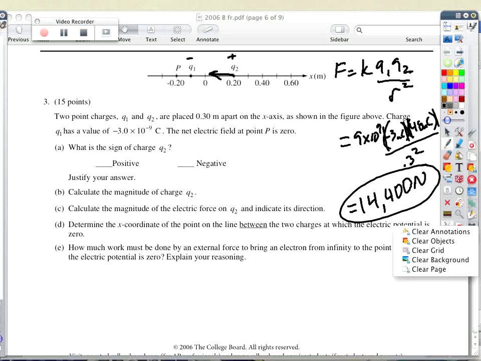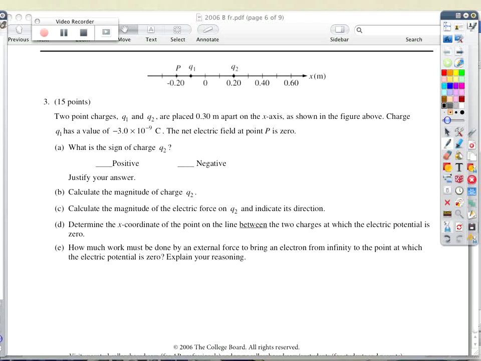Okay, so we clear again. Determine the x-coordinate of the point on the line between the two charges where the electrical potential is 0. So we want to know between these 2 points, the spot where the V is 0. And remember, V is K times the sum of Q over R, right?